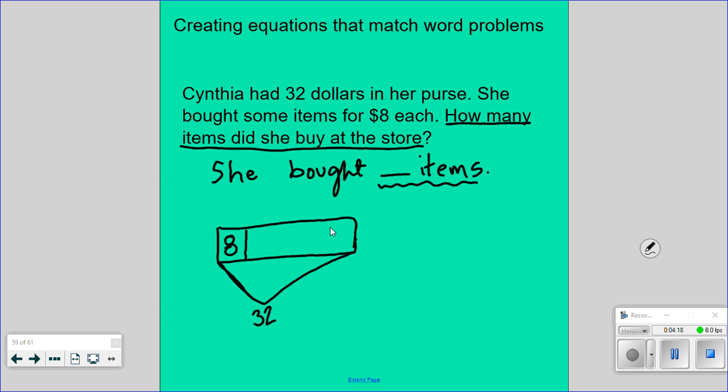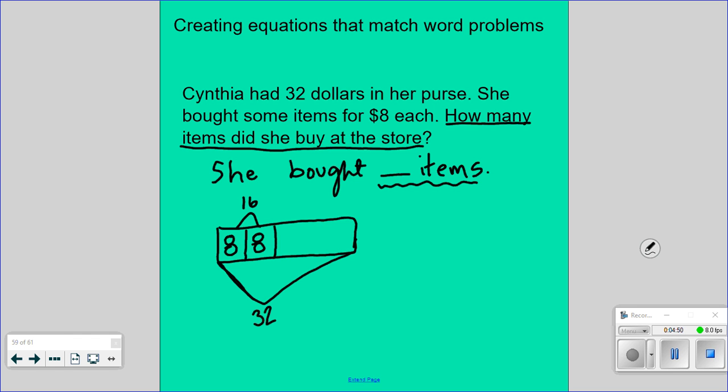Did that one item spend all 32 of her dollars? No. So I know that she bought more than just one item. I'm going to go ahead and do another section with another 8. How much money has she spent so far on those 2 items? Victor? She spent $16. Is that 32?